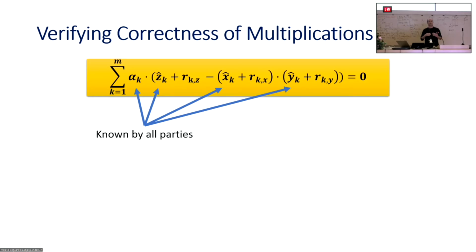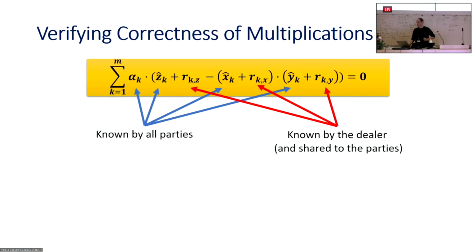And we have the masked values, z, x, and y hat, that are also known by all parties because these are the masked values that the parties have seen during the semi-honest computation. On the other hand, these values, the masks, are known by the dealer. So each value in this equation is either known by all parties or by the dealer.